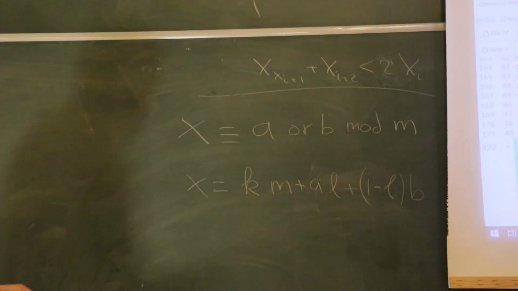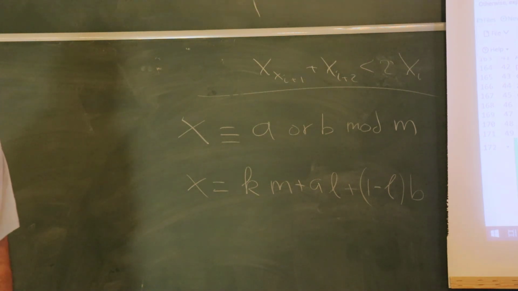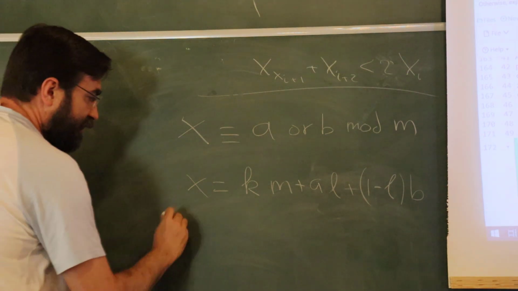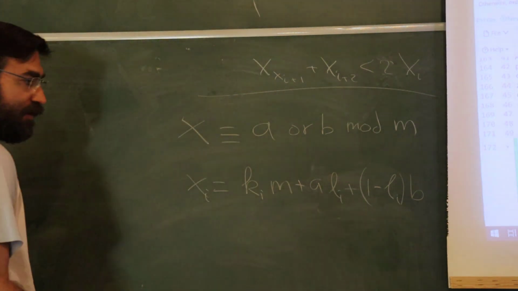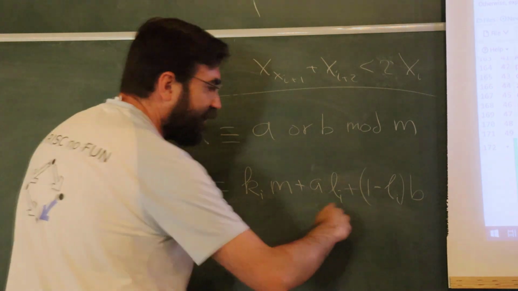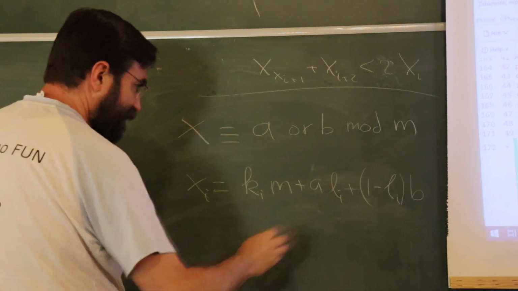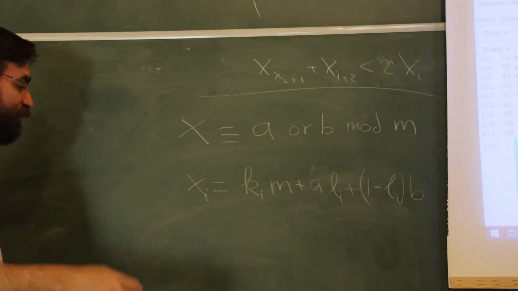Now, what I was trying to do is pull out the L so that I write it as a variable, right?